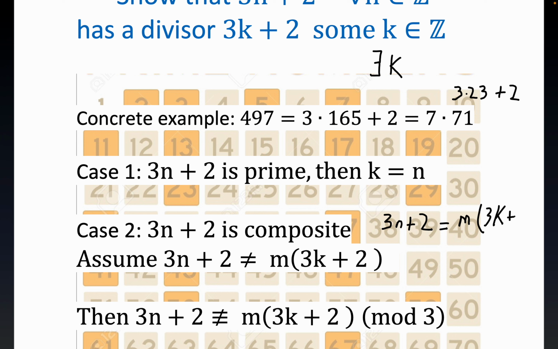And I don't think it really came into play in this problem, but the definition of composite means that 1 is strictly less than m.